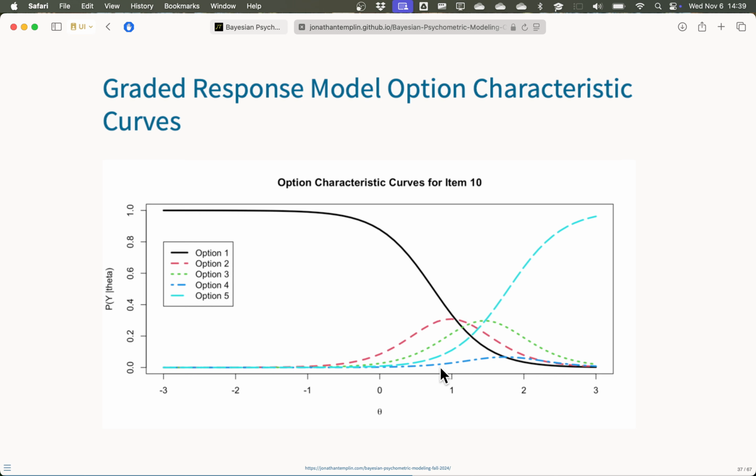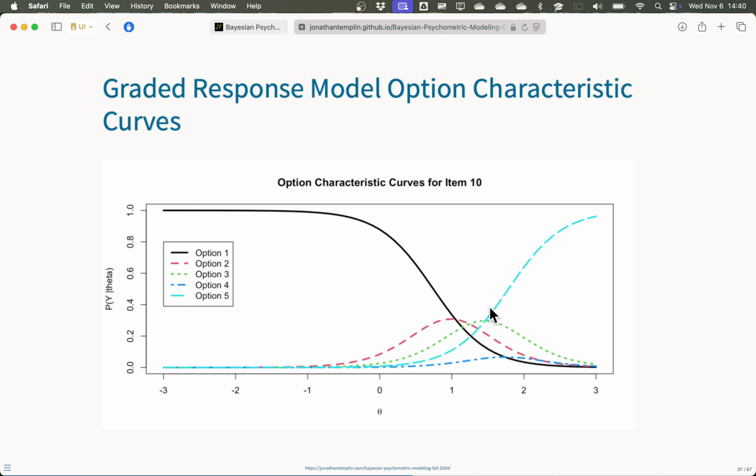You'll also note that option 4 never is the most likely probability, ever, at any place on theta. And then finally, after you get about 1.5 logits above the mean, the most likely preferred response would be the strongly agree option. So in looking at these plots, as the intercept changes, the location, the peak of these curves, changes.